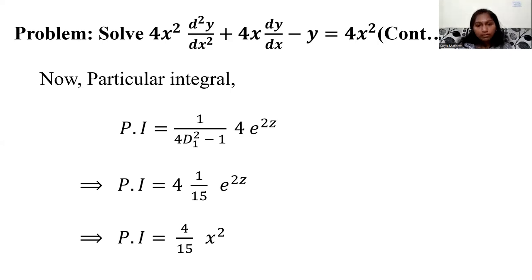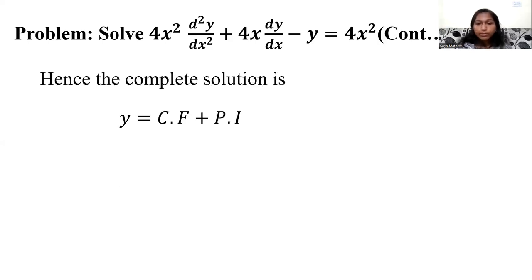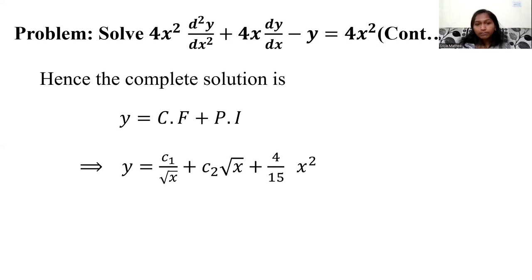Now let us write the complete solution for this particular question. The complete solution is y is equal to the complementary function plus the particular integral, which is c1 divided by root x plus c2 root x plus 4 by 15 into x squared.